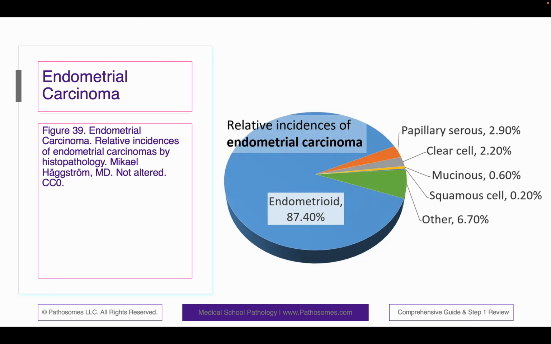And this circular chart showcases the relative incidences of endometrial carcinomas, most notably endometrioid making up a large majority. But don't forget about the others: papillary serous, clear cell, mucinous, and squamous cell.